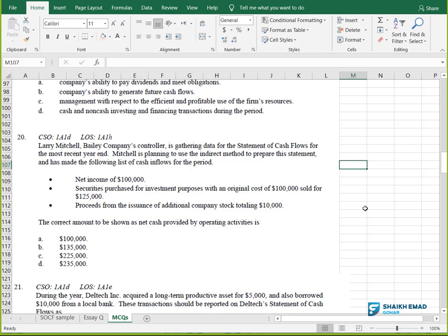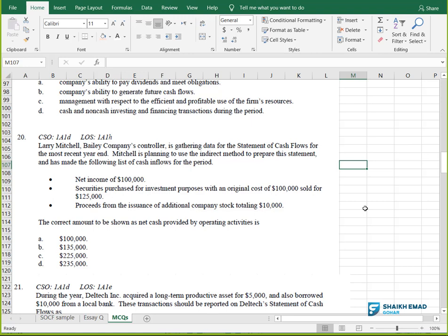Very simple question. Securities purchased for investment purposes with original cost of 100,000 sold for 125,000. So have you generated any income or not?